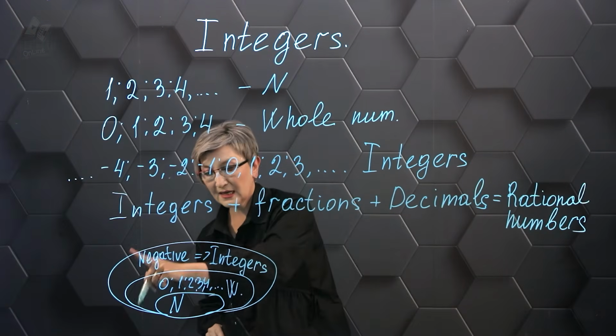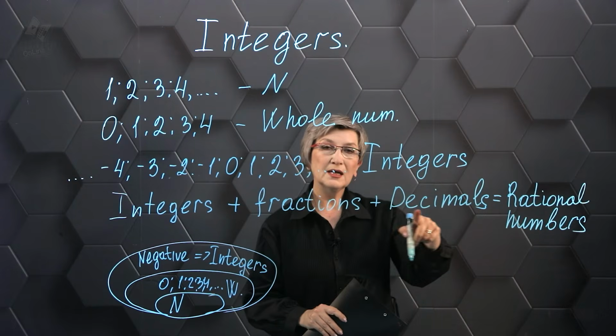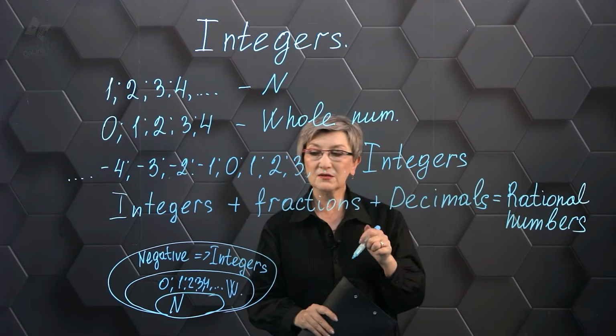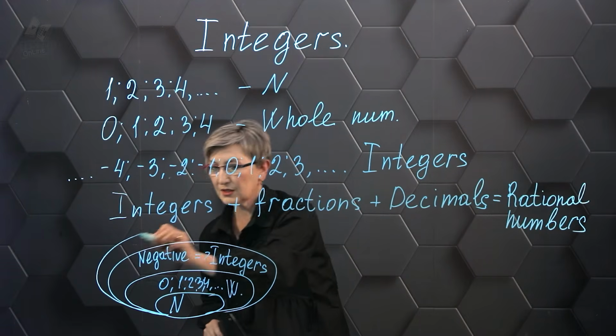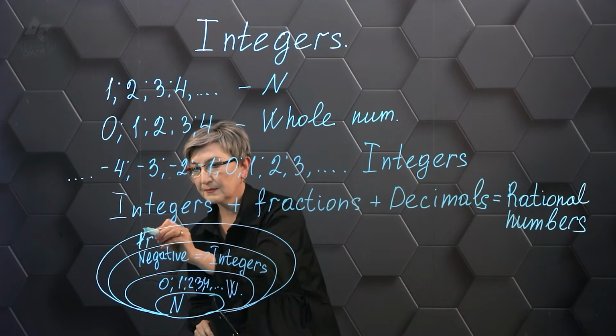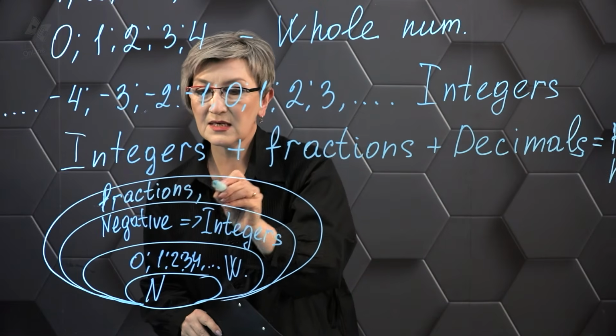But if we add fractions and decimals to this set, we will have a set of rational numbers. These are fractions and decimals.